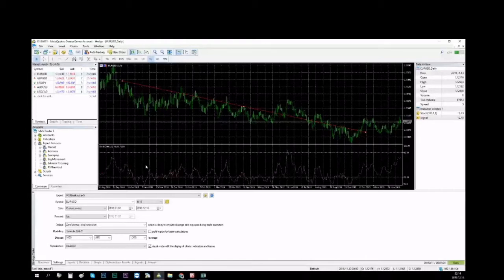You know, 100 days is long term. As you can see here, this stochastic level is every time under 40, and the prices are going down.